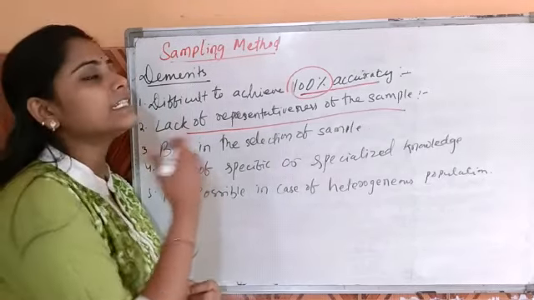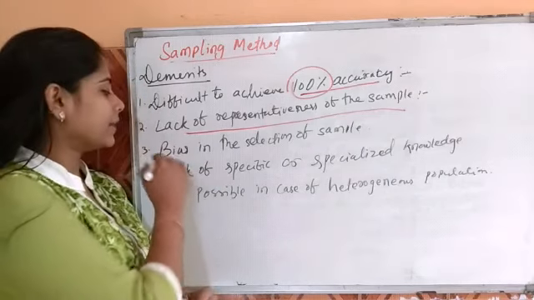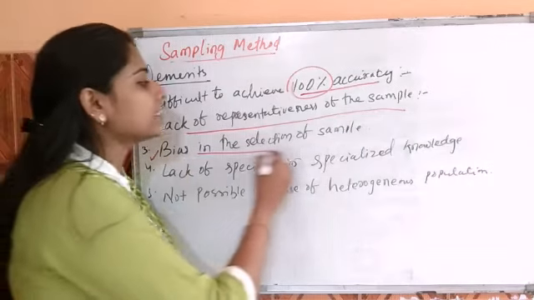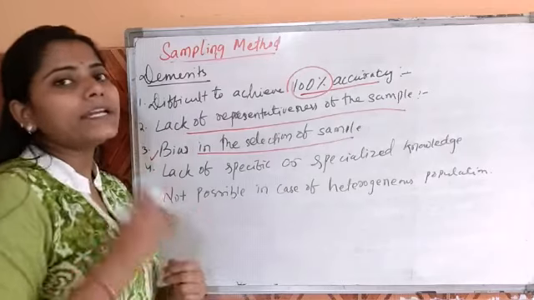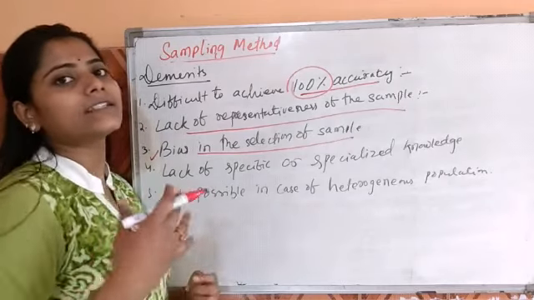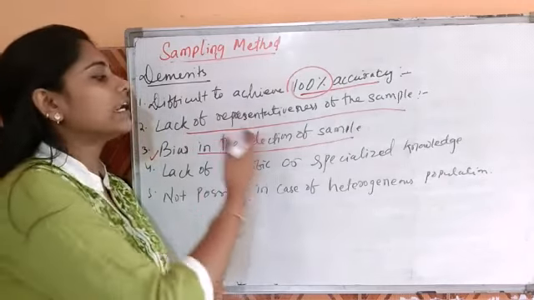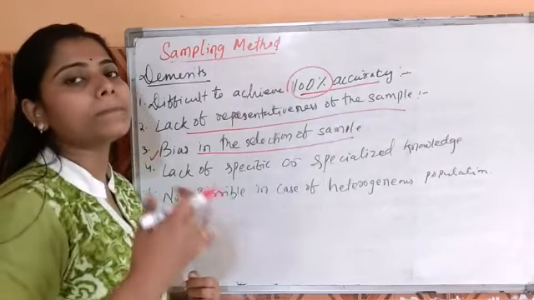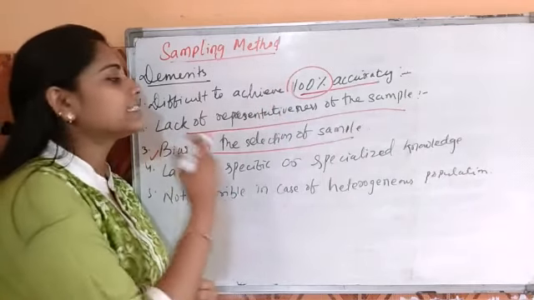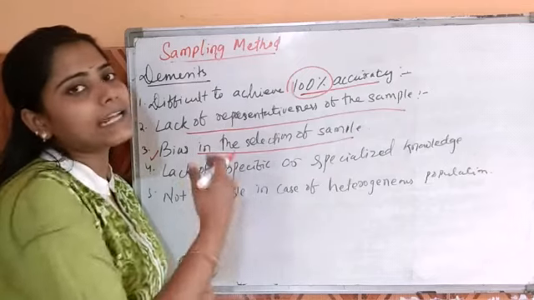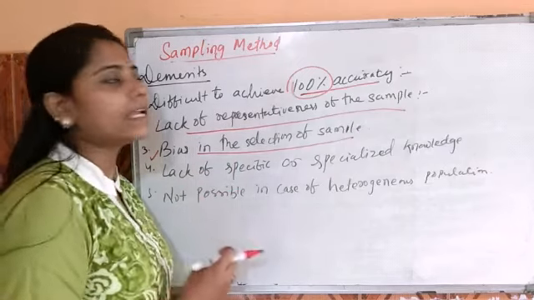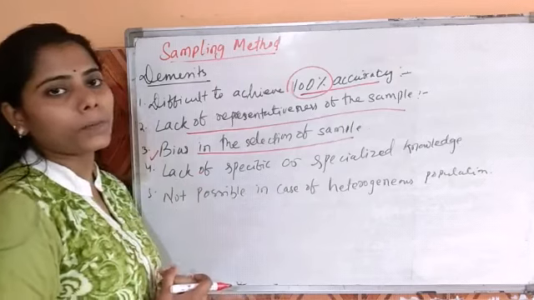The next is bias in the selection of the sample. If the investigator deliberately shows biasness or any partiality, it is difficult to collect the data from the sample because the sample does not represent the whole population.